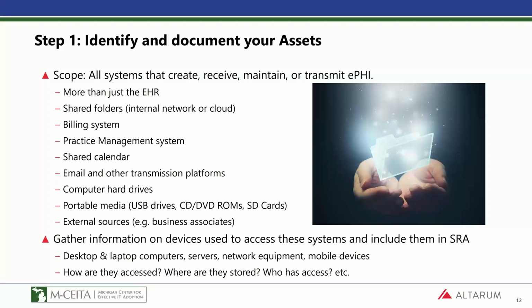You can have individual files like PDFs, spreadsheets, or other sources sitting on a computer or a storage device somewhere. And if those are compromised, that could result in a breach. So again, to have that comprehensive understanding, you really need to consider all of these different sources. How are they accessed? Where are they stored? Who has access to the devices? So this information about the devices themselves and how they're used is all critical to having an accurate and thorough risk analysis process.